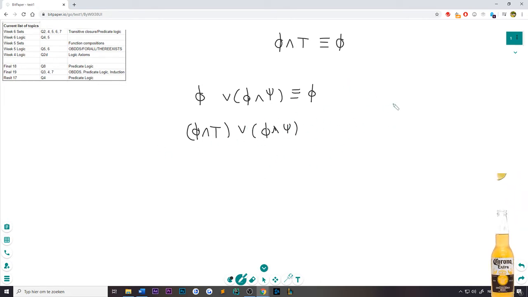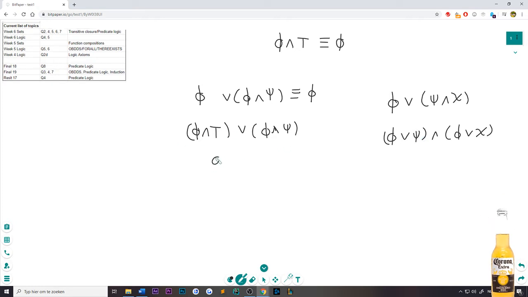What distributivity says is that if we have phi or, and then psi and chi, we can rewrite this as phi or psi and phi or chi. If you compare this to this, it is the exact opposite. Instead of going from here to here, you go the other way around.